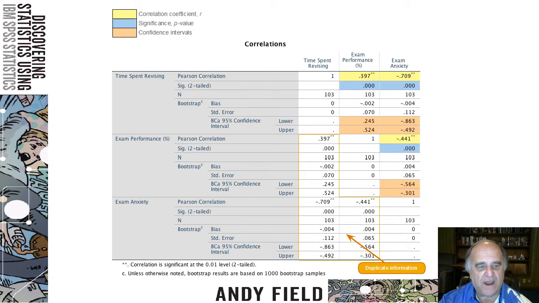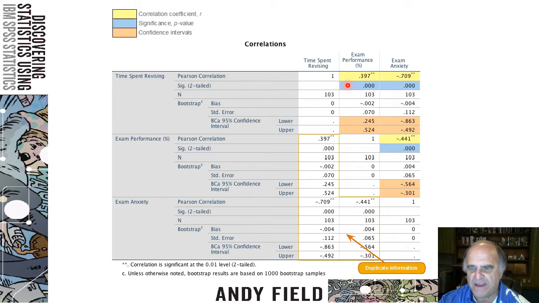So here are the correlations that we get calculated from Field's data. We have three variables, again, time spent revising, exam performance, and exam anxiety. And you can see here we have our correlation. So for example, the correlation between time spent revising and exam performance is 0.397.